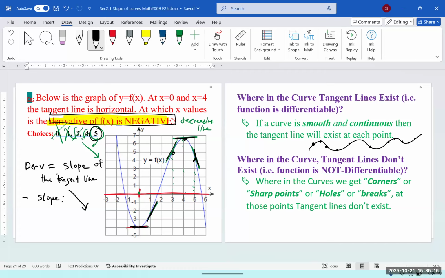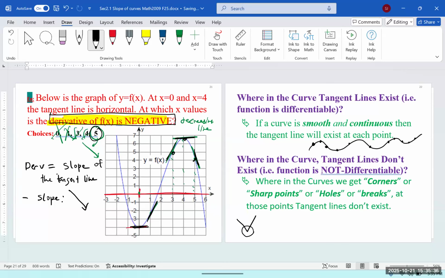A curve is not differentiable, or doesn't have the derivative or the slope, if it has the following problems. Problem one is a sharp corner. For example, something like this. If you have a sharp corner, you cannot have the derivative here.